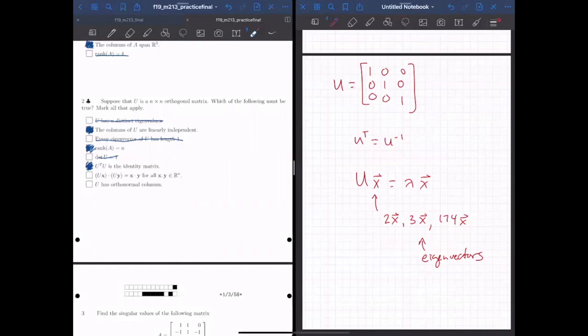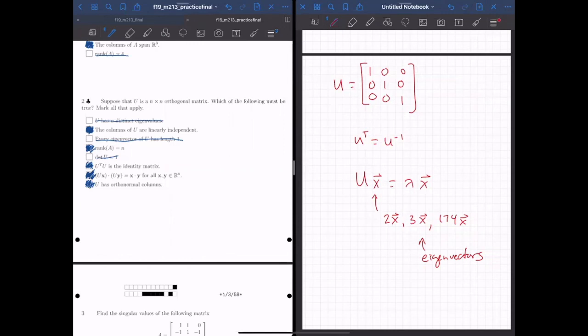If you start off with vectors x and y and multiply them by the matrix, the dot product is going to stay the same. Geometrically, we think of that as preserving angles and lengths, but really it just doesn't change the dot product. And then the last one, U has orthonormal columns, which is certainly something we know about orthogonal matrices. That's part of the definition.